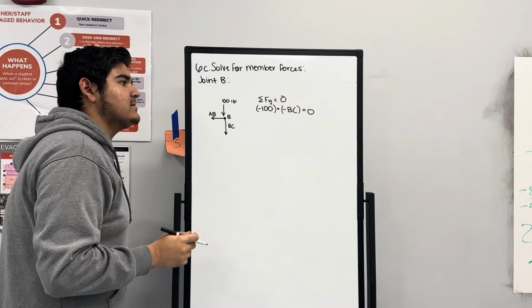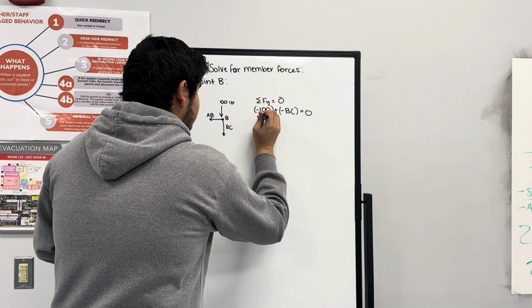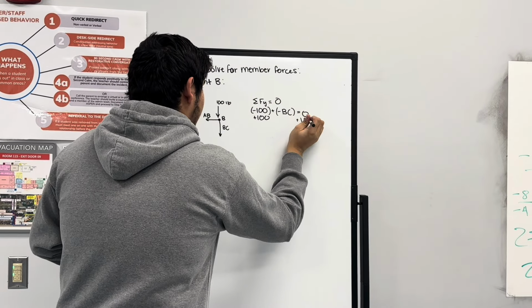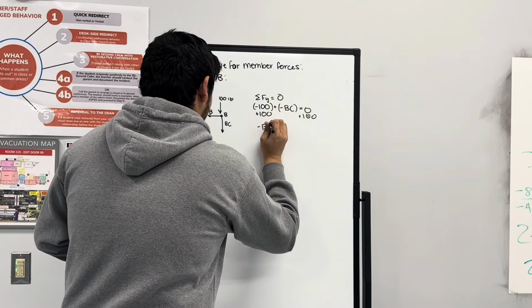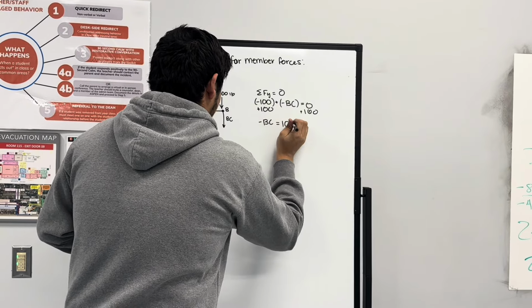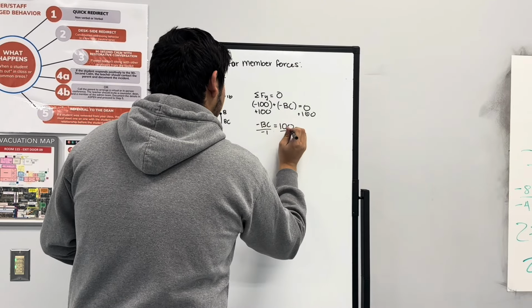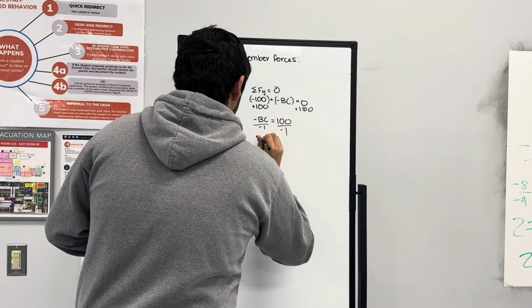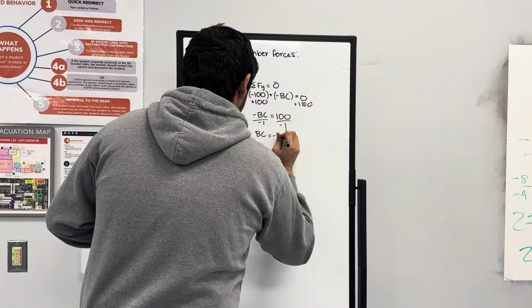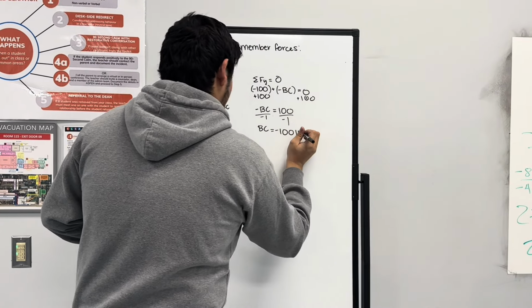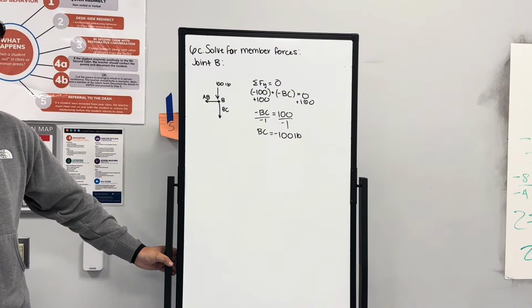And that all equals 0. We can take this 100 and add it to both sides. And then in order to get rid of this negative from the BC, we'll just divide it off from both sides. And there you go, BC equals negative 100 pounds.